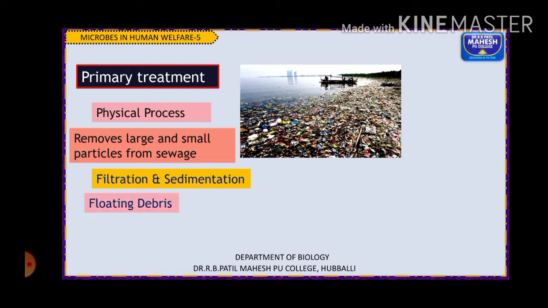Initially, the main floating debris, the larger particles floating on the water surface, are removed by sequential filtration, simple filtration. We call it sequential in the sense that it is done in sequence; that is the first simple step of treatment of water.